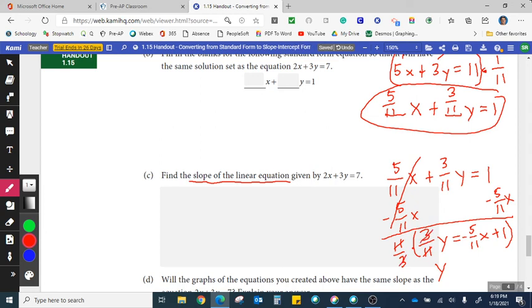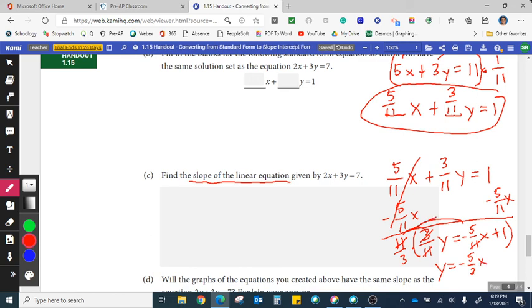So I distributed it to this one. Now let me distribute it to that one. Well, I multiply by 3 over 11. That will cancel out and this will cancel out, and I'm going to be left with negative 5 over 3 x.